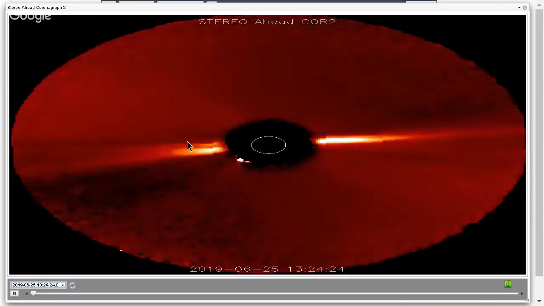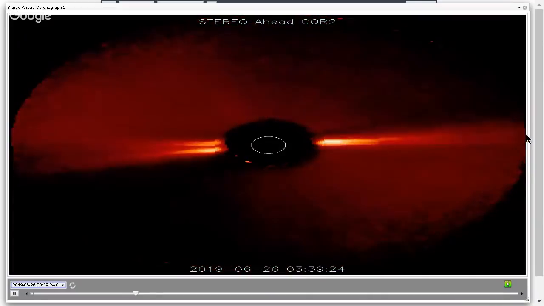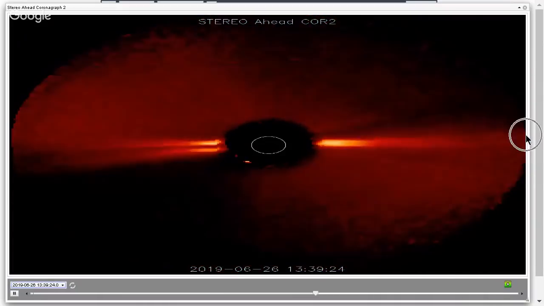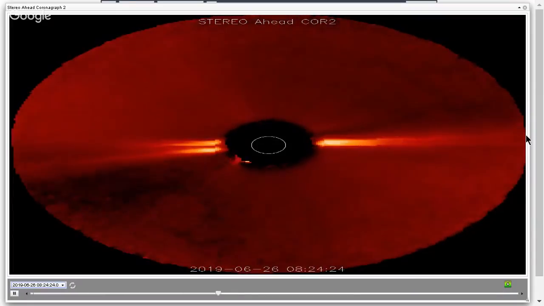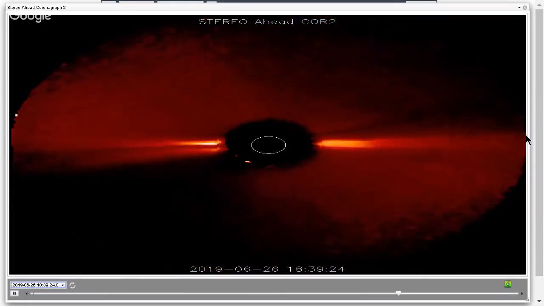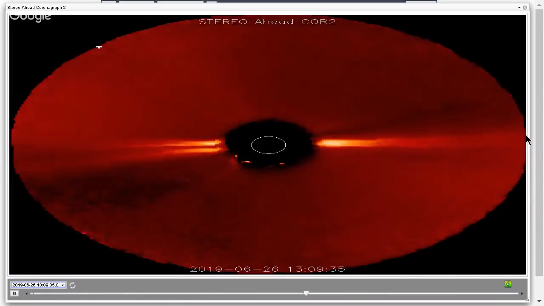We see kind of a double plume thing going on here on the non-Earth facing side. Again, this is from STEREO A, folks, so the Earth is out in this direction. We're viewing from a different galaxy, solar system, plane of existence, location in the solar system, spaceship, through a wormhole, or from the future. Please leave a comment.